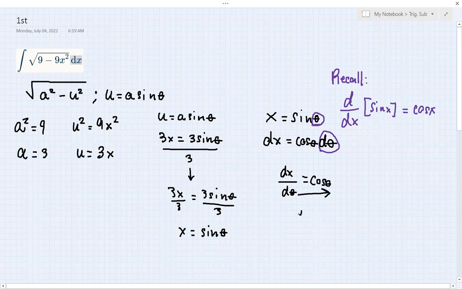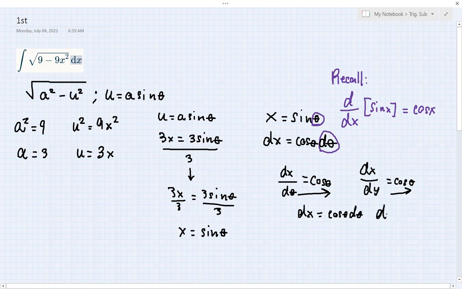If you cross multiply, dx is equal to cosine theta d theta, right? That's good. But if dx over dy is equal to cosine theta, and you cross multiply, you get cosine theta of dy times dy. This is totally wrong.